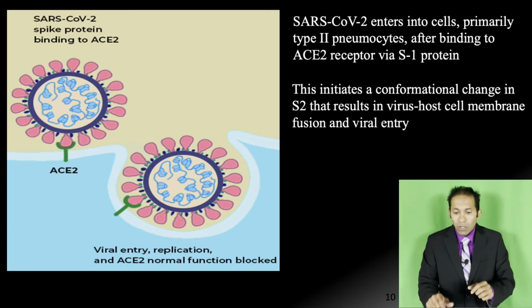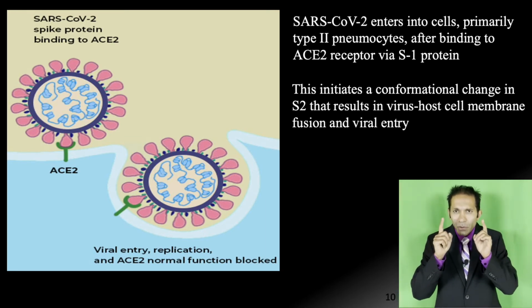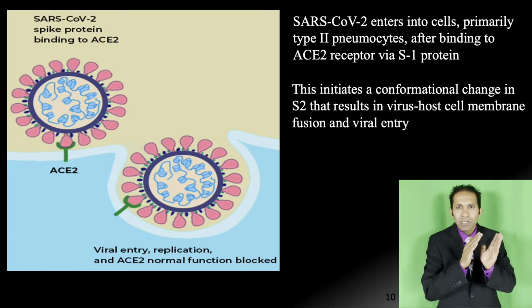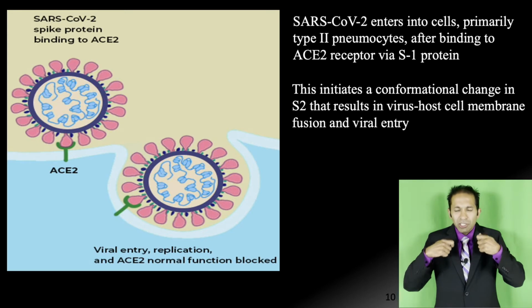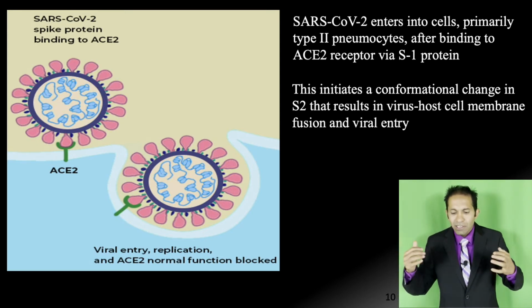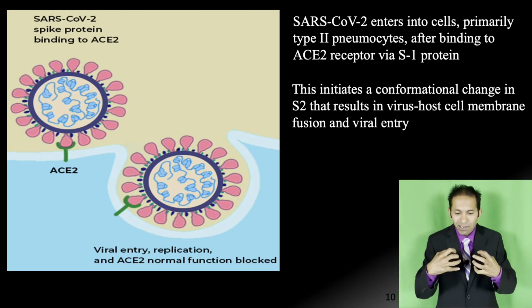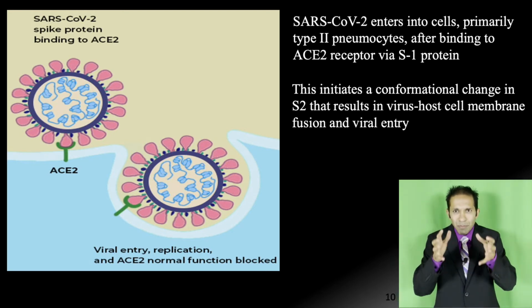Once S1 protein, spike protein, S1 subunit binds with ACE2 receptor, this initiates a change in S2 that results in virus and host cell membrane fusion and virus entry. So this is the basic mechanism of how virus enters the human host cell.